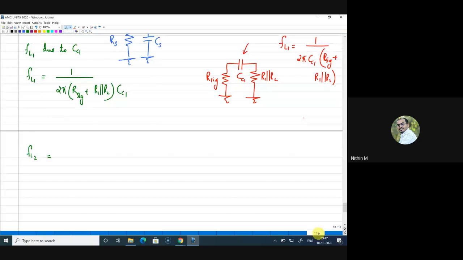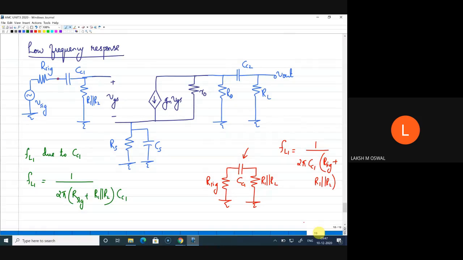So 1 by 2 pi CC2 into... Yes, I got it, Laksh. We have to look at the resistance connected across the capacitor.